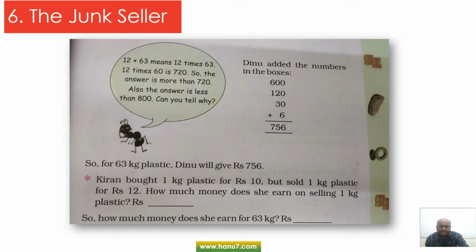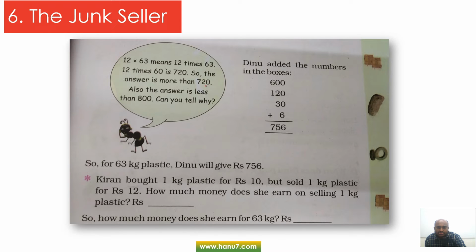Here there are some kinds of guesses: 12 into 63 means 12 times 63, so 12 into 6 is 72, so the answer is more than 720, but it is less than 800. Can you tell why? Because 12 into 6 is already over. How much is left? Only 3. 12 into 3 is 36.